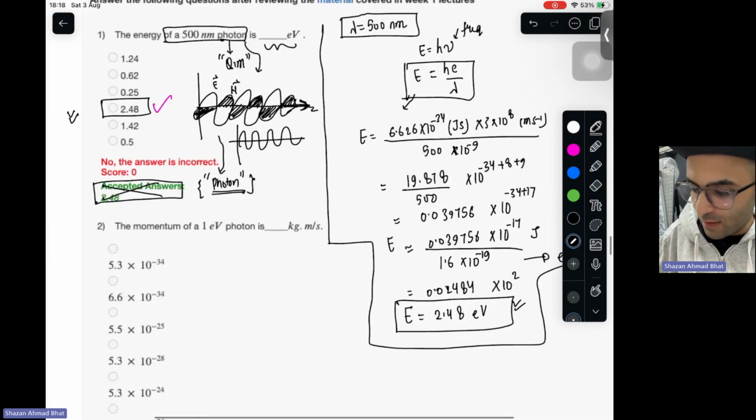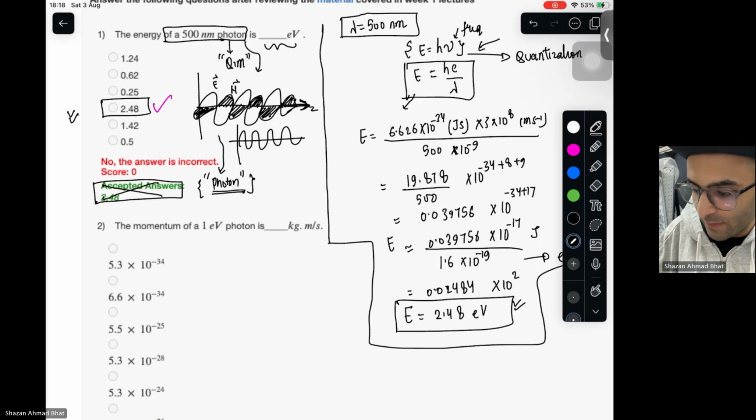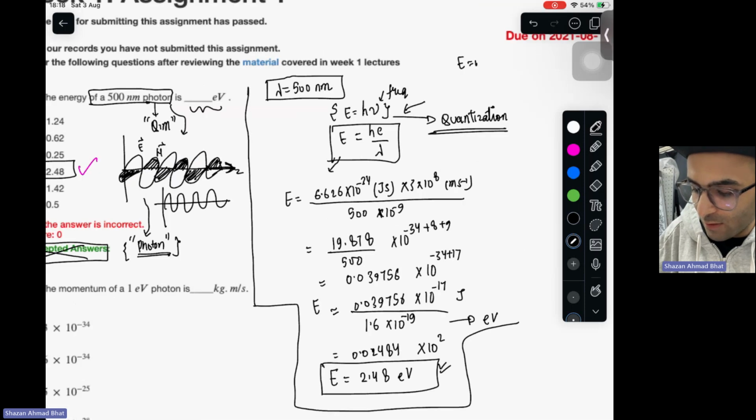And this gives you a quantized energy. The quantization came because it explained that photons actually come in packets. It's actually E equals n h nu. So there are packets or quanta of photons being emitted.